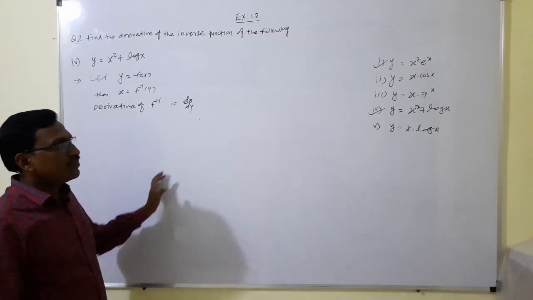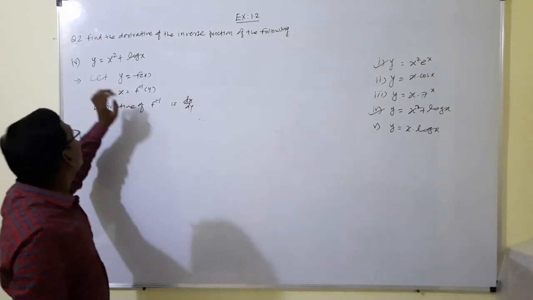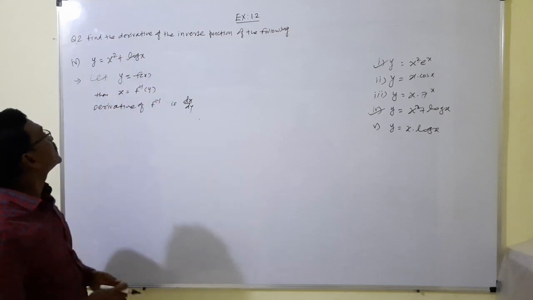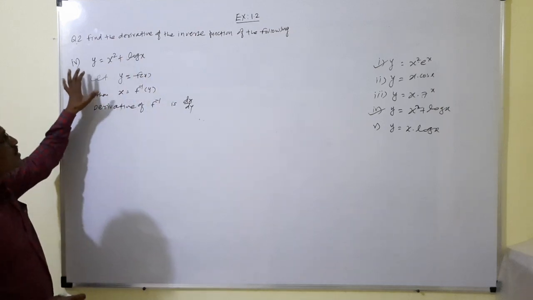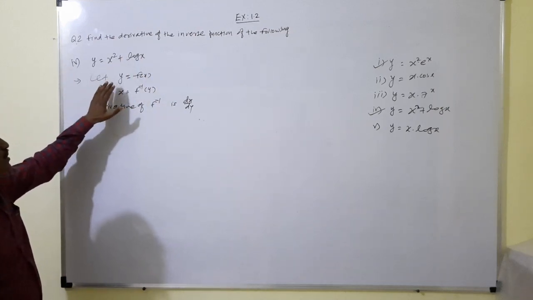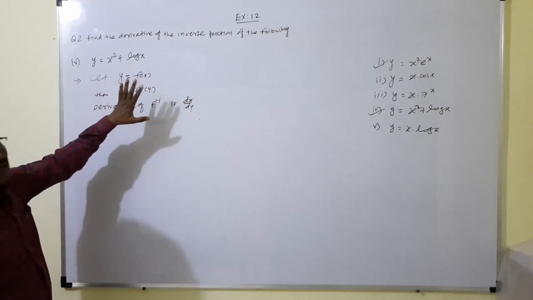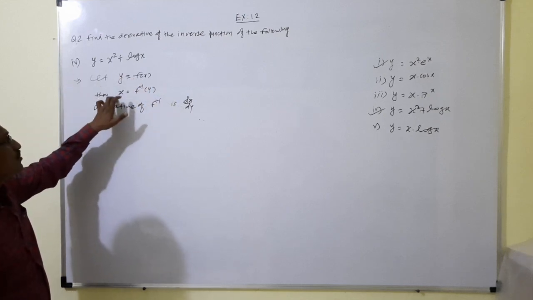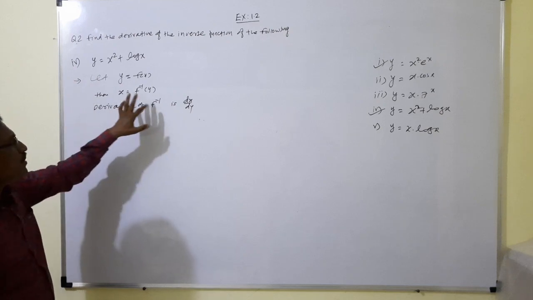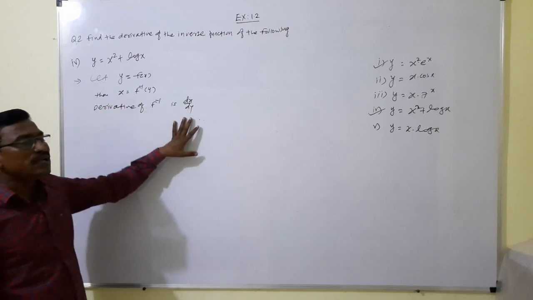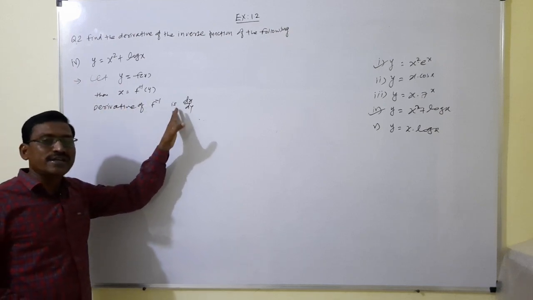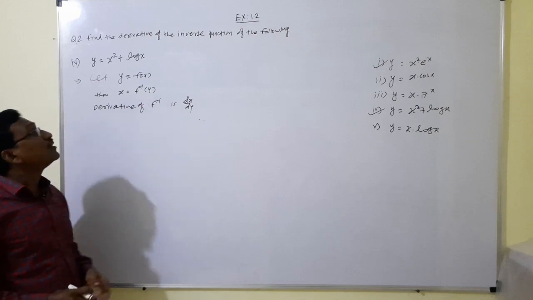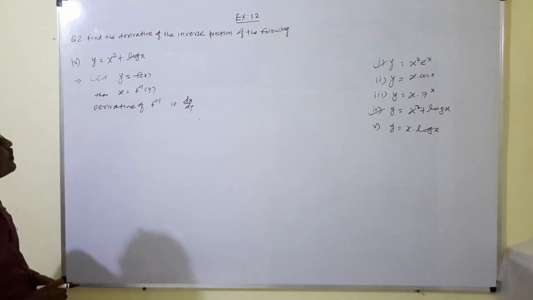Now we take example number 4, y equal to x square plus log x. Again, this function is in the form y equal to f of x. Its inverse is x equal to f inverse y, and the derivative of f inverse is dx by dy, so we have to find dx by dy in this question.